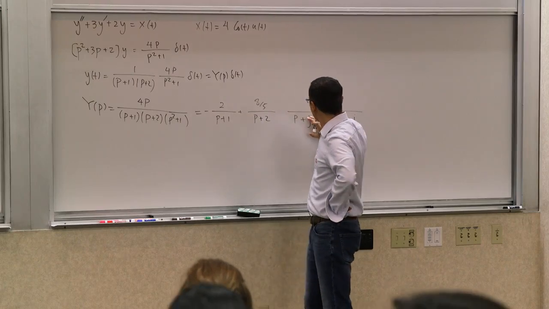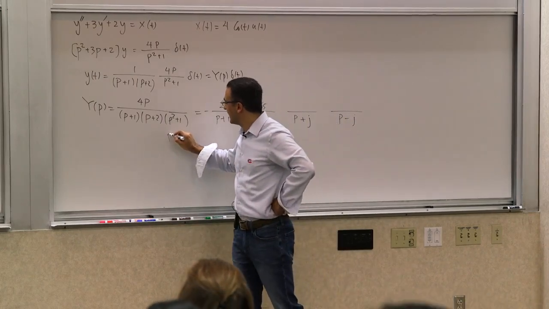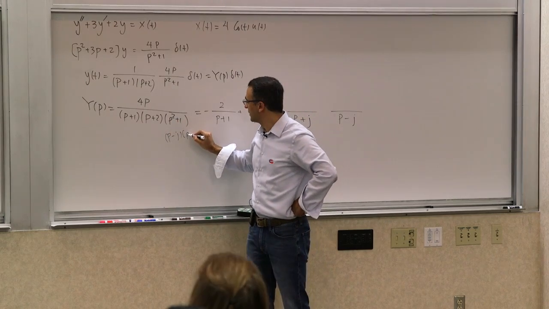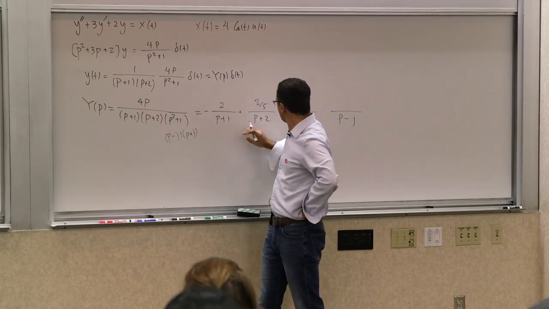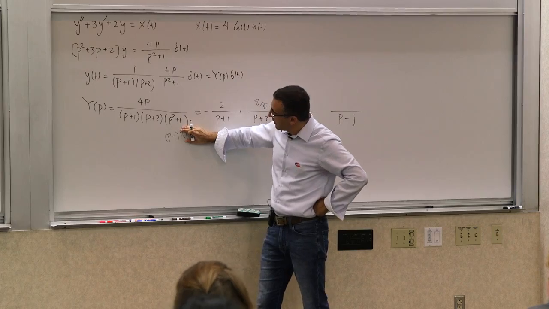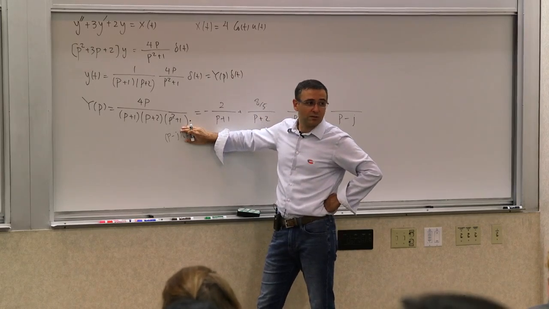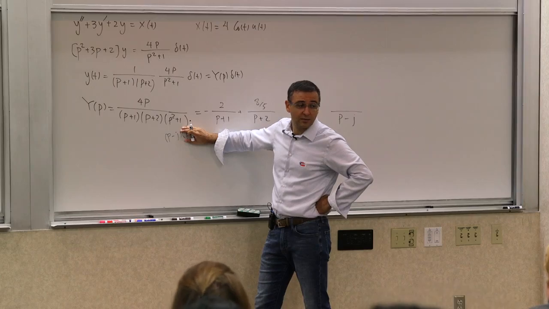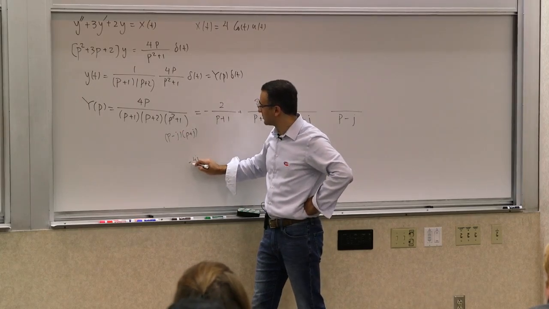So multiply that by p plus j. What will be left here is p minus j, really, because this is p plus j times p minus j. So if I get rid of this one and set p to, what? Negative j, yes. So what do I get in the numerator? Negative 4j. Let's keep track of that.